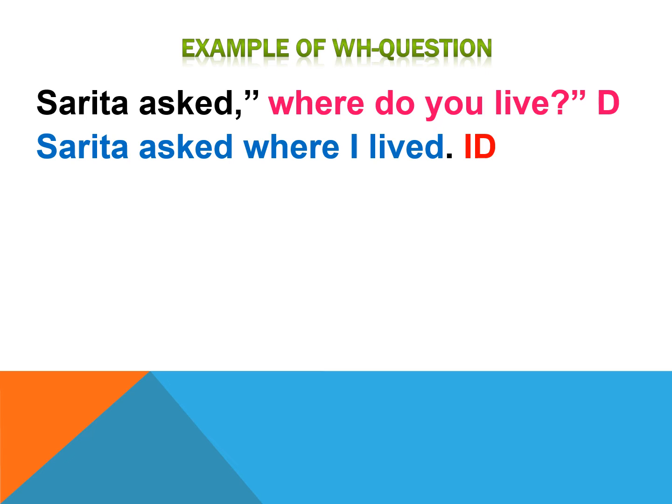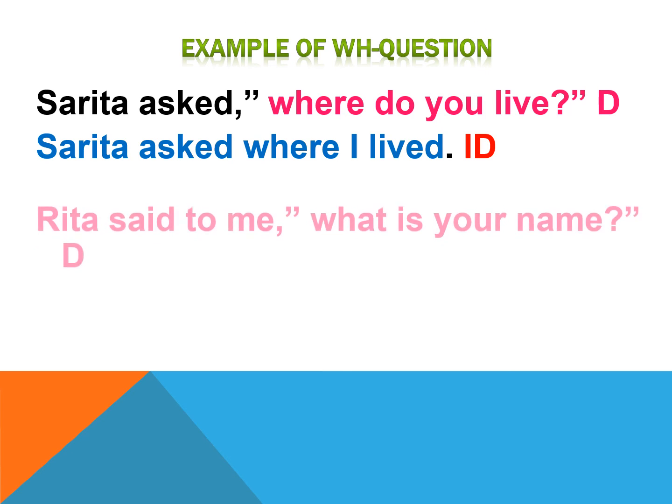The comma and inverted commas are omitted here, and the WH word where is written the same. It remains unchanged, and then you changes into I, and the verb live changes into past form.